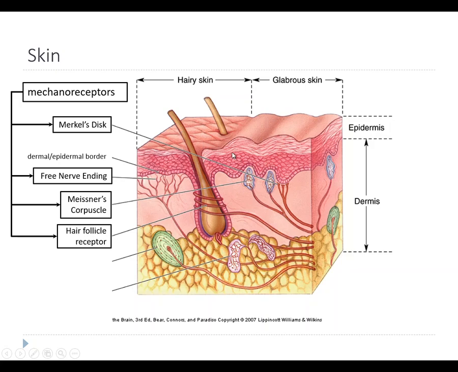But for other animals, like say rodents, they have specialized hairs that are really dedicated to sensory reception. So whiskers are a good example of that. Animals like cats and rats that have whiskers, their hair follicle receptors are very, very sensitive, and actually a big chunk of the brain is devoted to processing sensory information from those whiskers because they use those especially for navigating around in the dark.